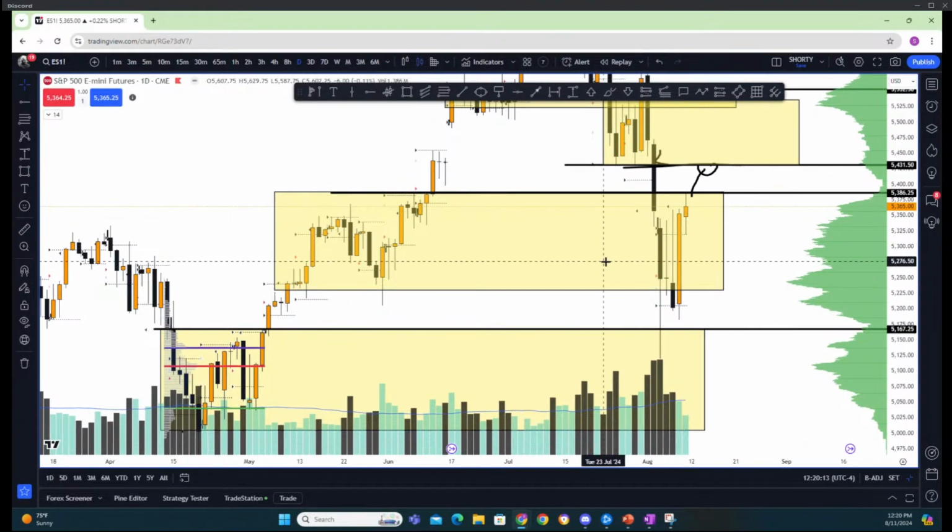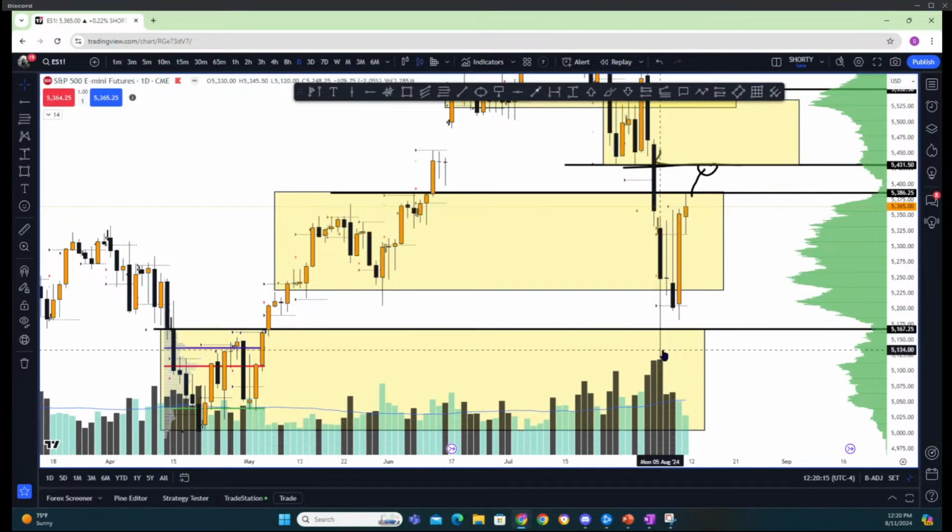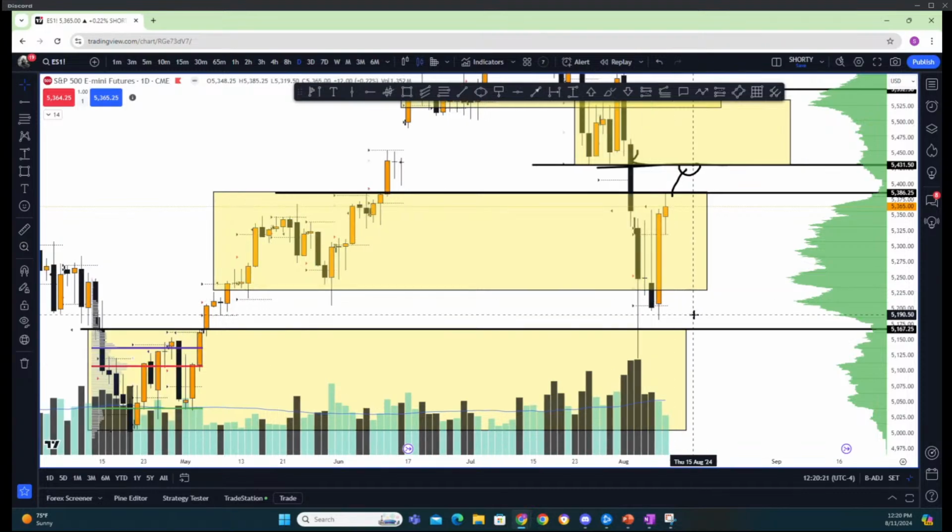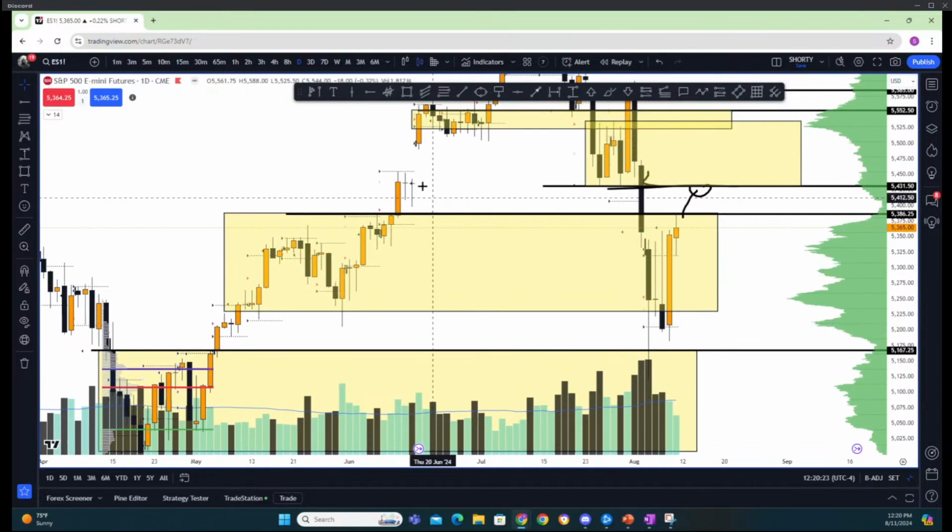So if you're buying low here, right? You're buying below value, you're going to look to sell where? As high as you can. And if the prior value's extreme high was, let's say, what is this, 5386? If you can go above this, what would you expect these guys to do? Sell it.